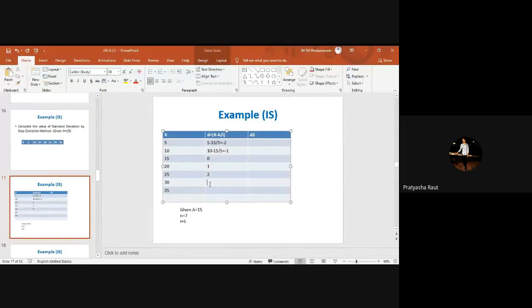Then 3, and the last one, 35 minus 15, that is 4. After that we go for sum of d, which is 9, and sum of d square.